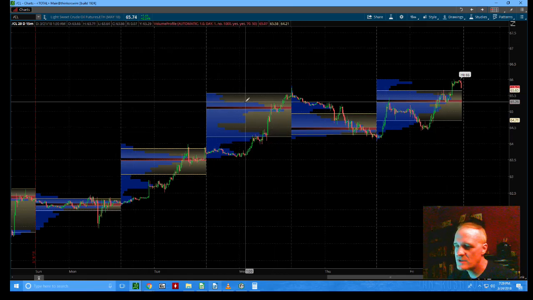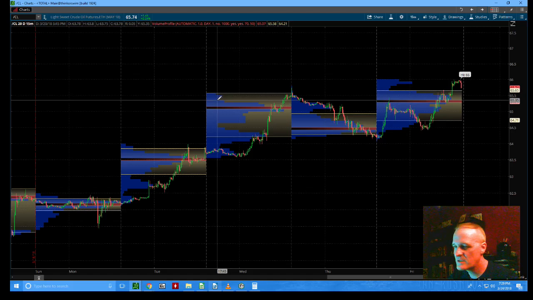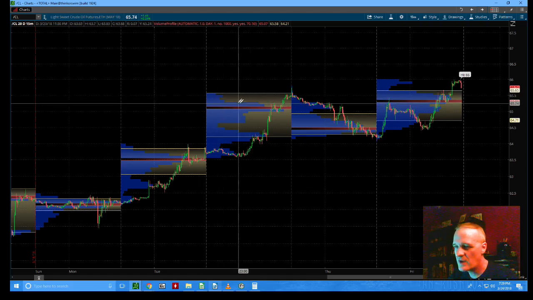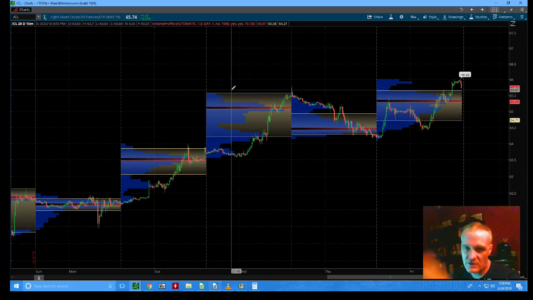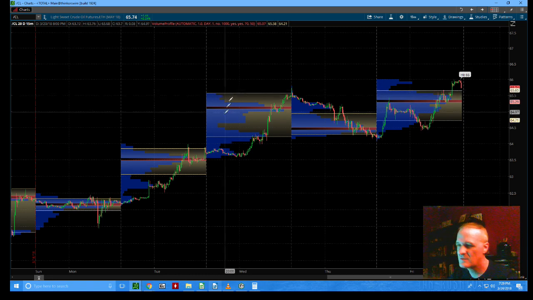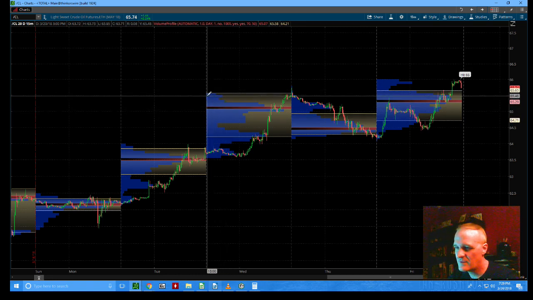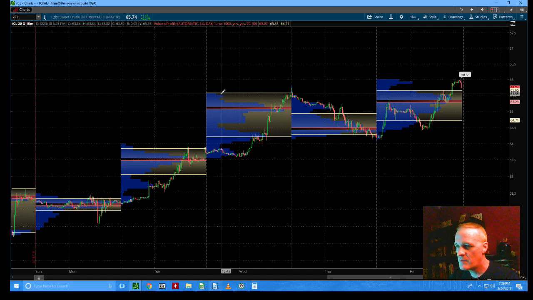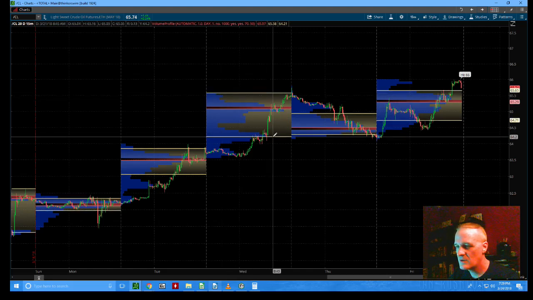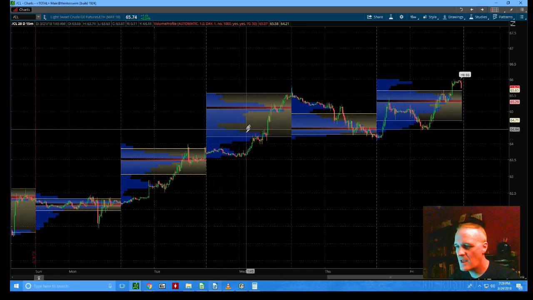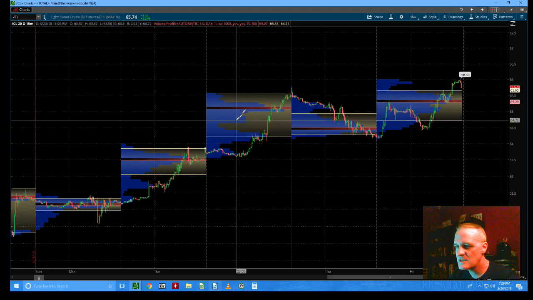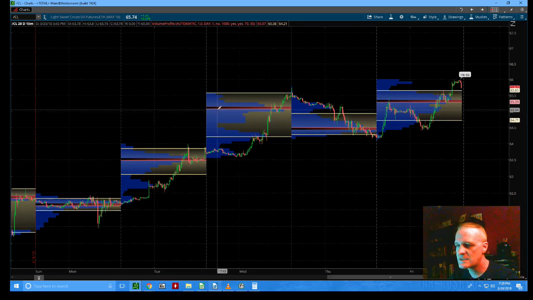These blue bars that you see here represent the number of contracts traded in the case of the crude oil futures, and the larger the bar is, the more volume that occurred at that price level. The upper bound here and the lower bound here, so anything between these two levels is where 70% of the volume traded.